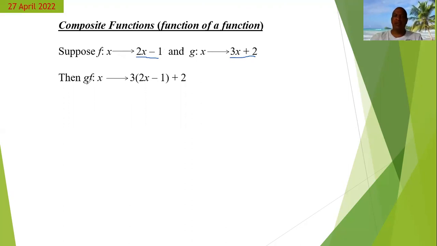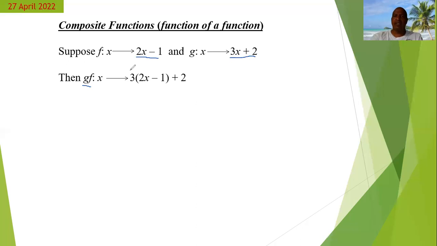Now what we really want to do is merge them into a single function. We may merge f of g, or we could merge g of f of x. In this case, we are merging g of f, so we are putting the function f into the function g.